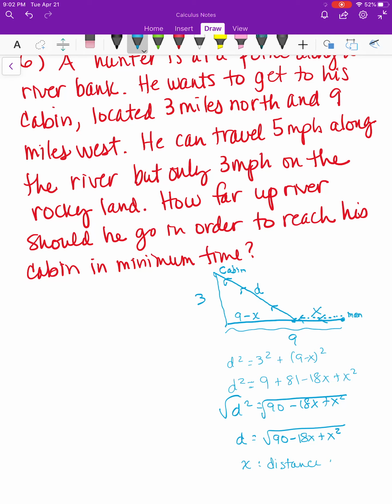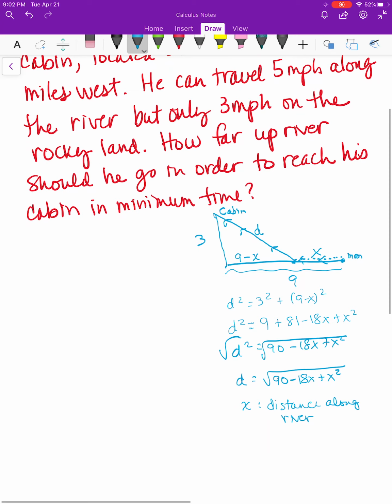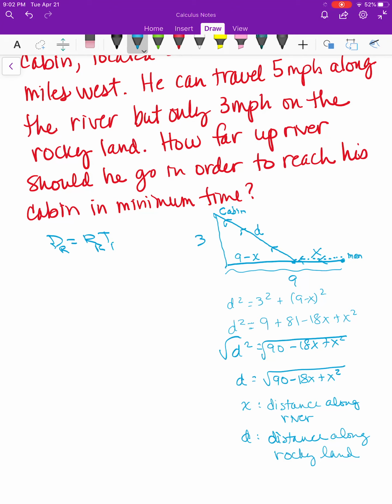And if I square root both sides, I have my d. So d is the square root of 90 minus 18x plus x squared. So basically, x is going to be his distance along the river, and d is going to be his distance along the rocky land.